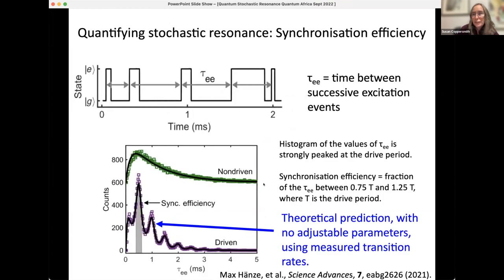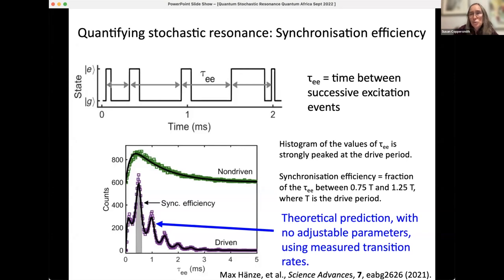Now, since I'm a theorist and I did the theory, I do want to point out that the theory we did is actually the black line. Let me tell you about the black line for a moment. To get it, we take those transition rates, the rate of going up at a given voltage and the rate of going down at that given voltage.